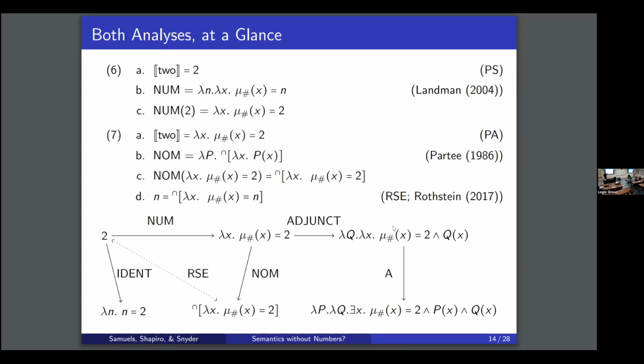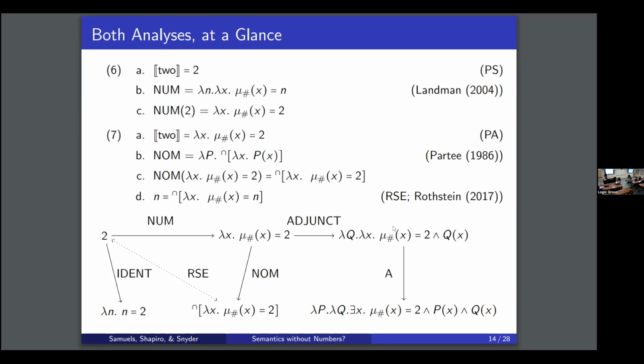So in other words, every number just is a reified cardinality property. So thanks to this schema, we start out with the adjective, we nominalize to get this property, the name of the property. That's identified with a number, which can then get us to all these other meanings via the other type-shifting principles.